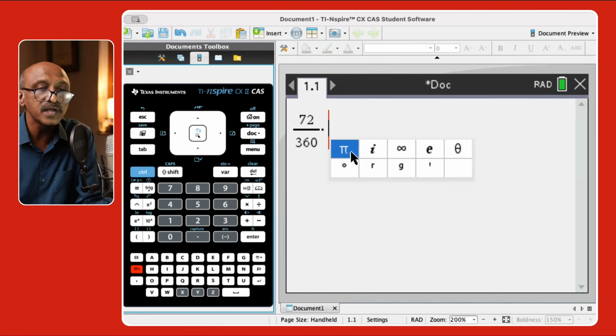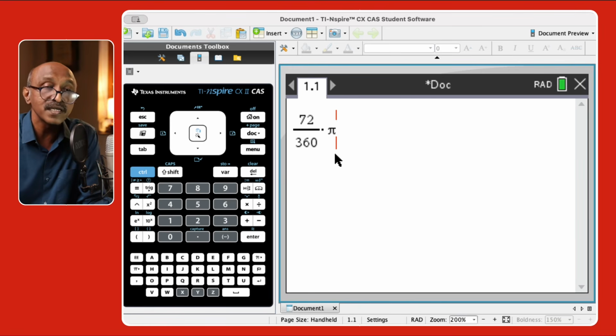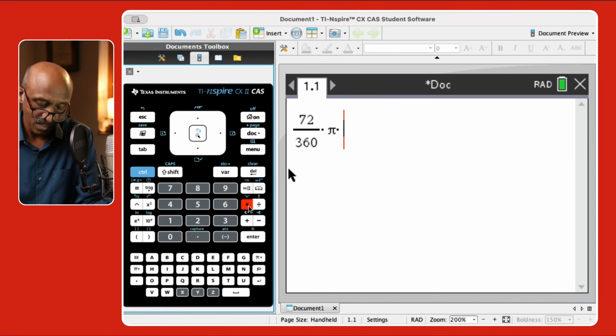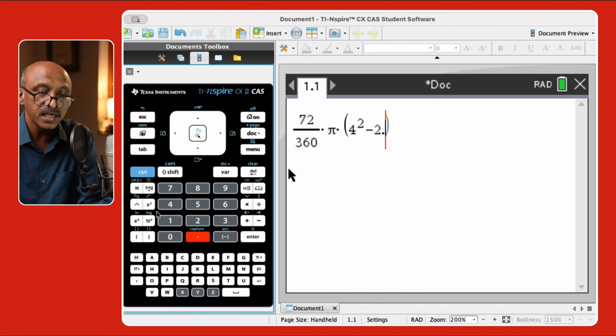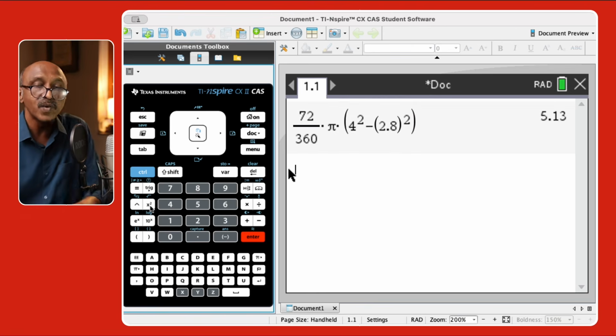So I'm going to write pi as explained, so that we are not compounding the errors of rounding off. 4 squared minus 2.8 squared, close the bracket, and when you hit enter, you get the value 5.13.